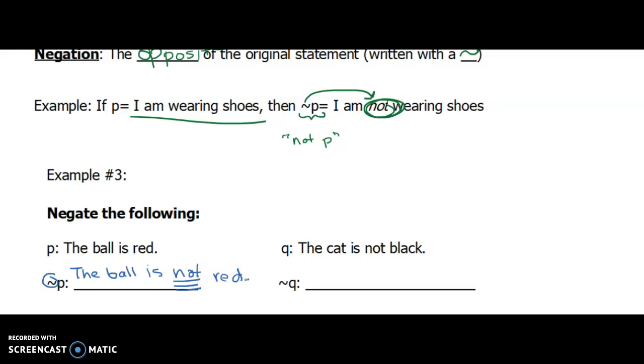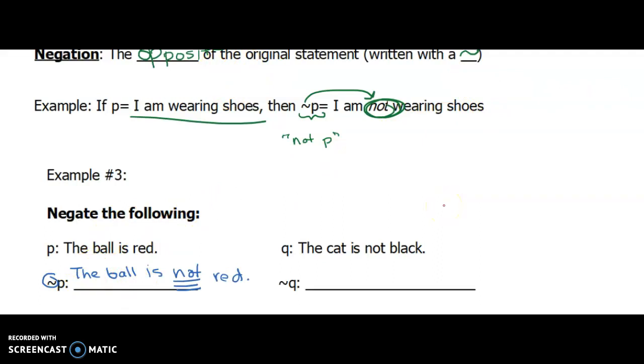So it's not the ball is blue or the ball is green or the ball is yellow. It's just the ball is not red, because that's how we read it, is not P. Okay, so I'm going to pause this, and I want you to think about Q for a minute and think real hard and try to do it on your own, and then we'll go over the answer.